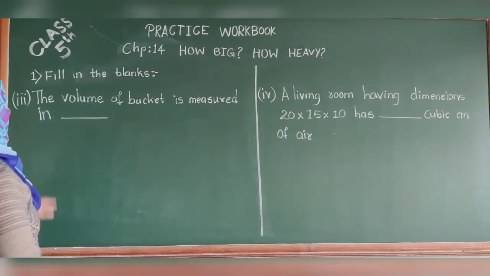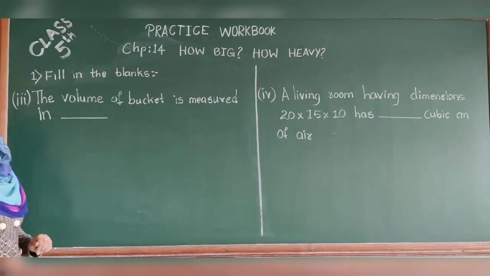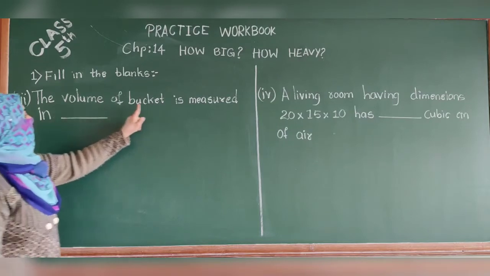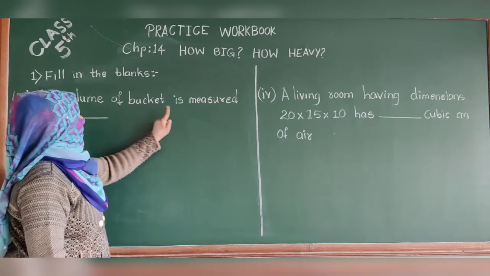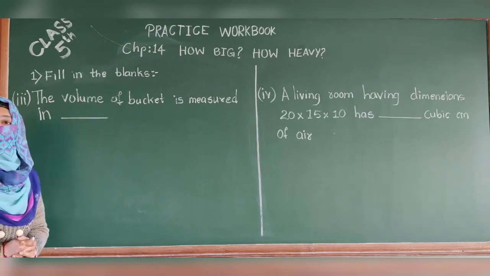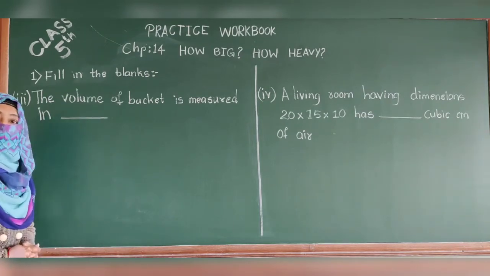So the next, third and fourth fill in the blanks are like this. The volume of bucket is measured in dash. Volume of bucket. You know what buckets are?